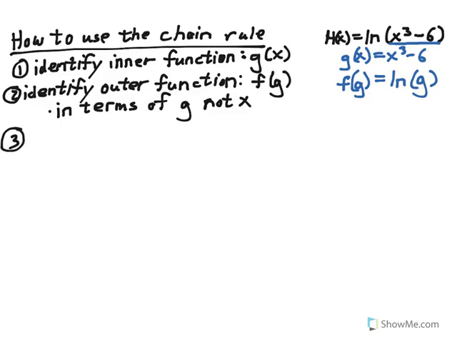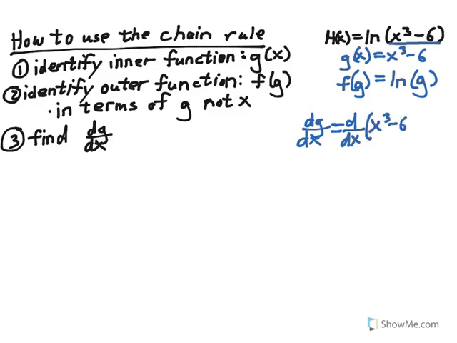Okay? Step 3, find dg/dx. In other words, take the derivative of g with respect to x. So if g of x is x cubed minus 6, then dg/dx is going to be d/dx of the quantity x cubed minus 6.